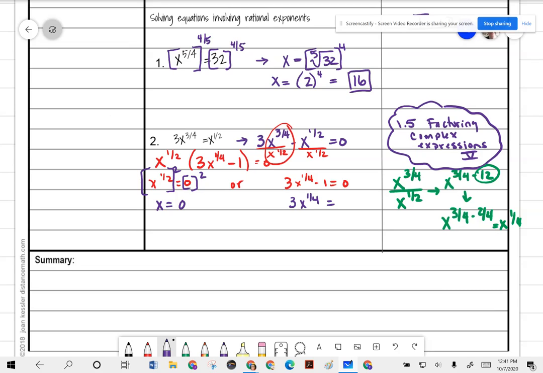Let's add 1 to the other side. Now let's divide by 3. So I get x to the 1/4 is equal to 1/3. And then I'm going to raise it to the reciprocal power, which is just 4. So I get x is equal to 1/81. So I have two answers for this particular problem.